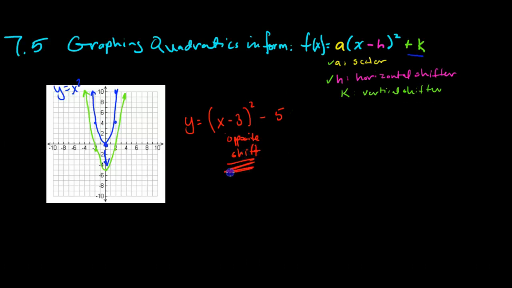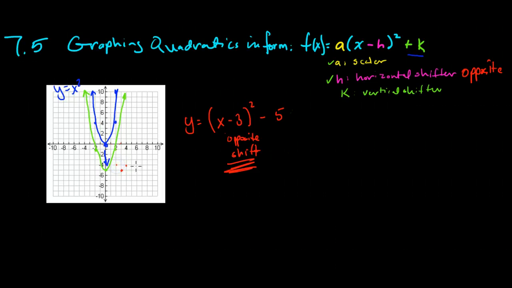And that's important that we know that this one is the opposite value that it shifts. But now we're not only shifting in the horizontal fashion, we're also going to shift in a vertical fashion. And in this case, we're going to shift it down 5. So we shifted over 3 and now down 5, and our new vertex is right here.